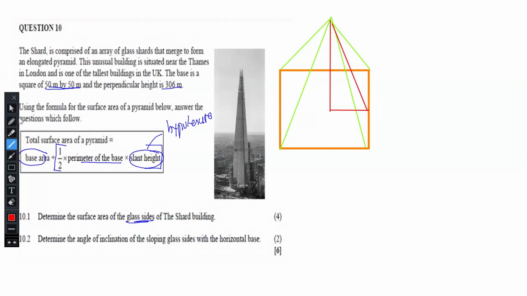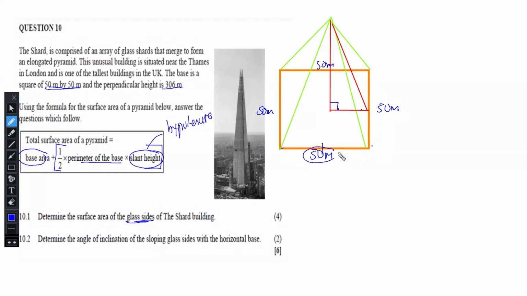Now we are told that the square here has length 50 by 50. So that's 50 meters, 50 meters, 50 meters, 50 meters like that. So this is a square. But we always know that from forming that perpendicular height here, the base of the right angle triangle is always half the length of the square base.